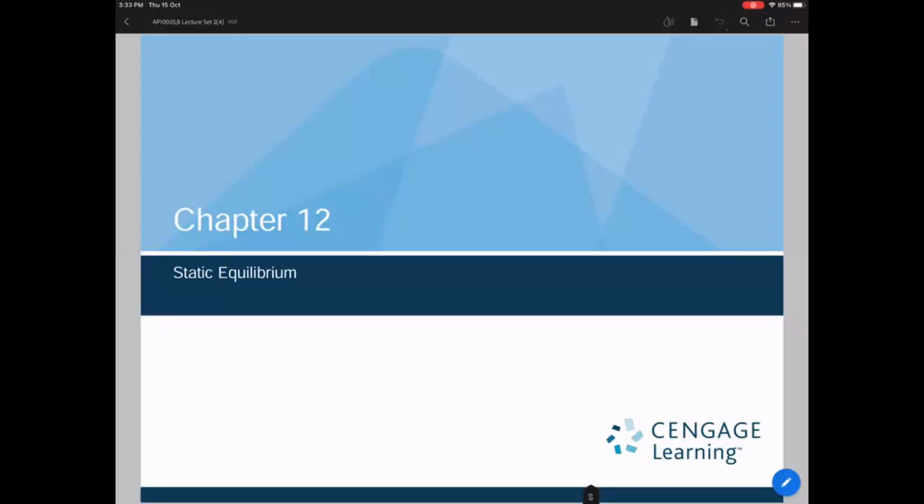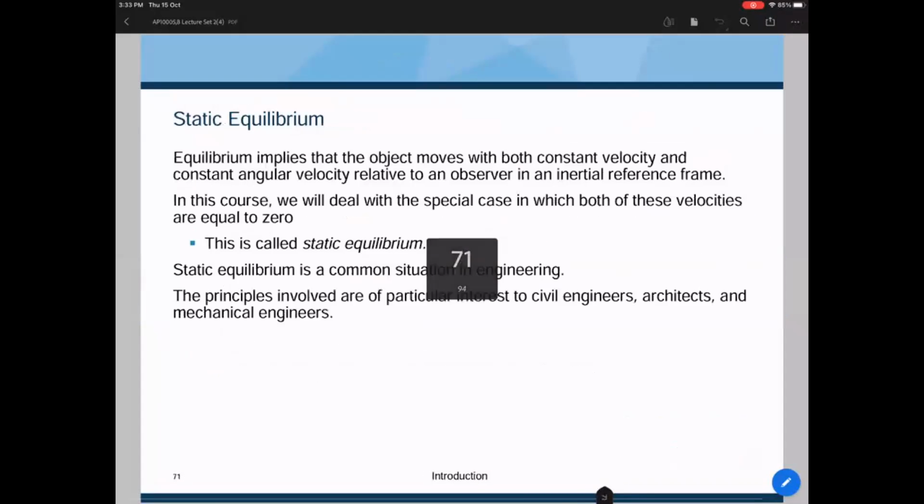So we have gone through the concept of the static equilibrium. Basically, what we mean by the equilibrium is that you have the objects that are moving with a constant velocity and constant angular velocity relative to an observer. That is the equilibrium in general. The objects could still be moving even if they are in equilibrium, just like what I've explained.